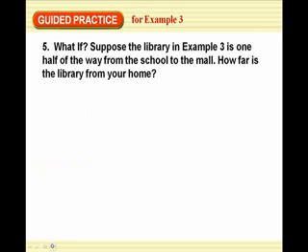Okay, so for example 3, the guided practice says, suppose the library in example 3 is 1/2 the way from the school to the mall. How far is the library from your home? So if you look at that example, here's our line, we know this is 12 and this is 0.